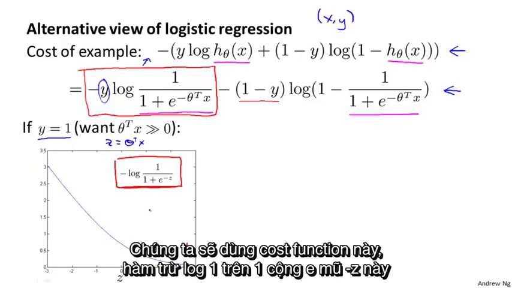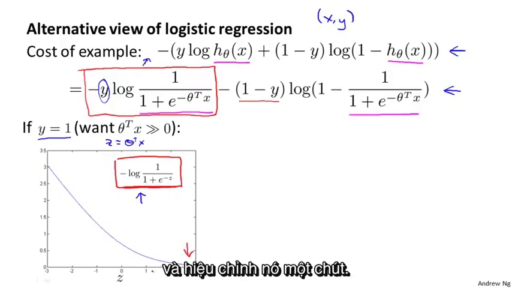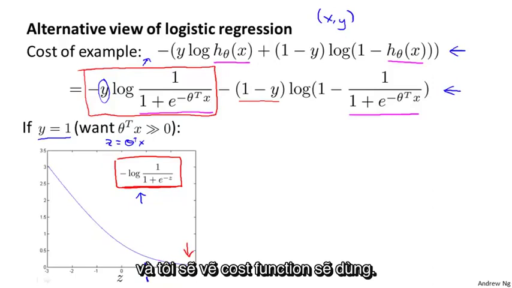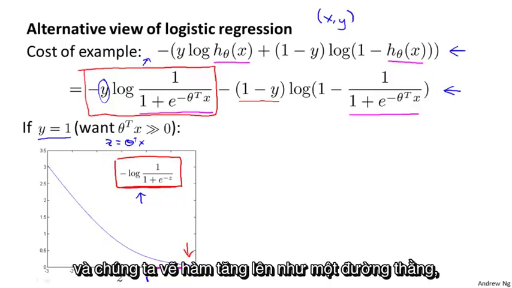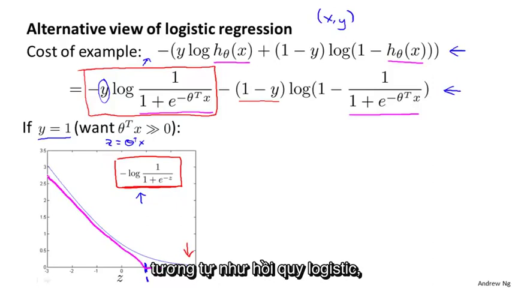We're going to take this cost function, this minus log of 1 over 1 plus e to the negative z, and modify it a little bit. Let me take this point 1 over here, and let me draw the cost function I'm going to use. The new cost function is going to be flat from here on out, and then I'm going to draw something that grows as a straight line, similar to logistic regression.